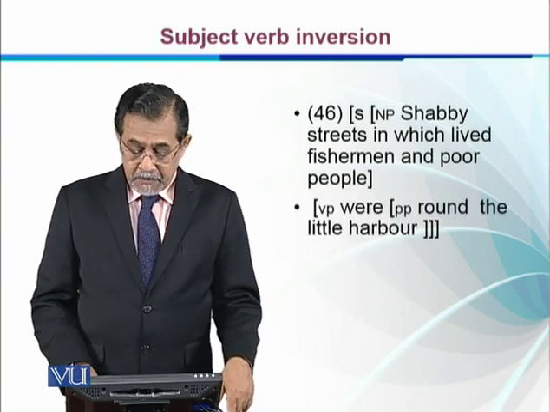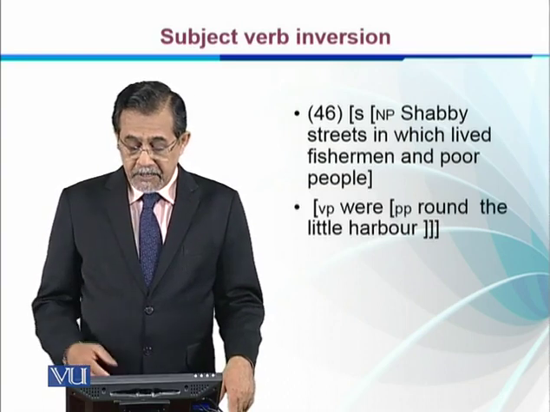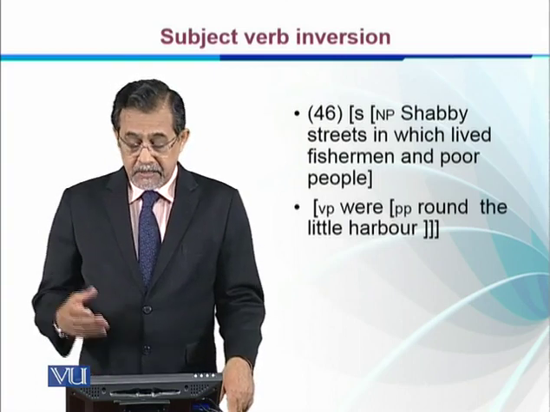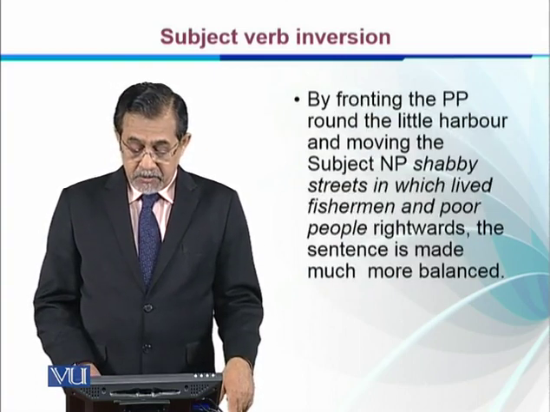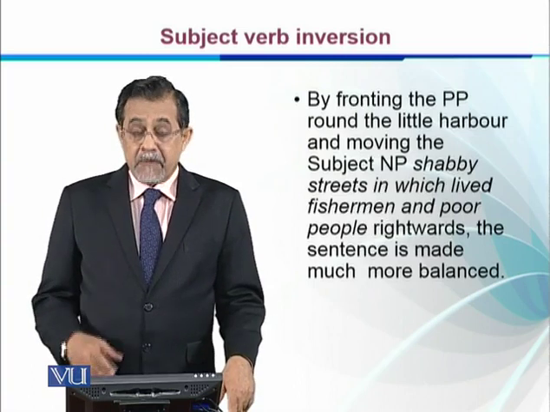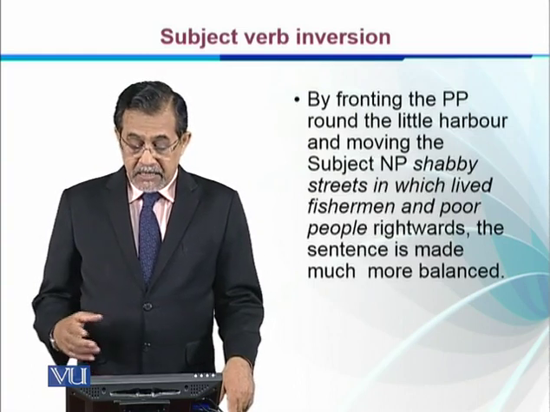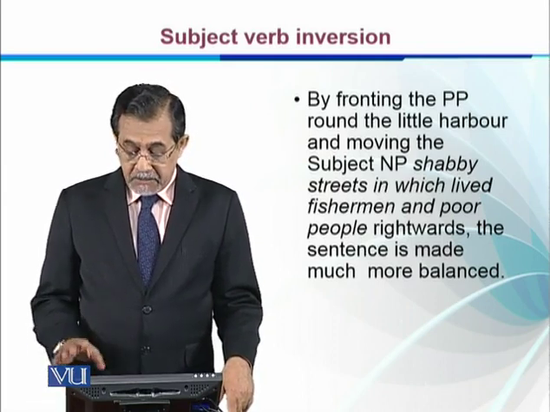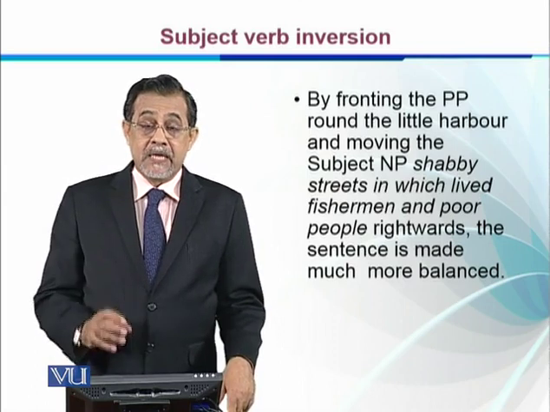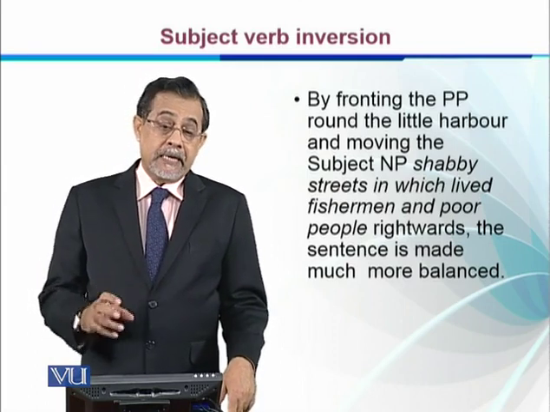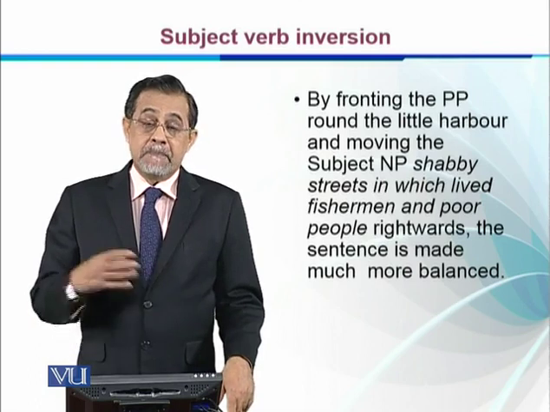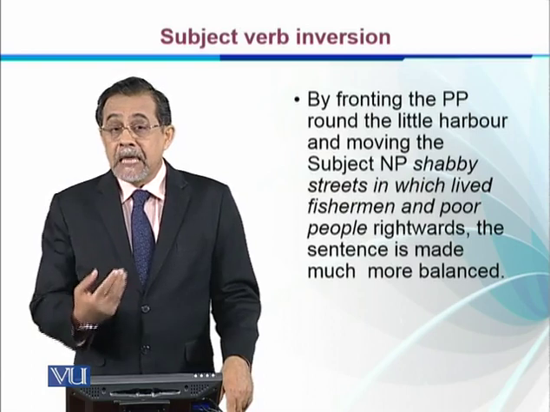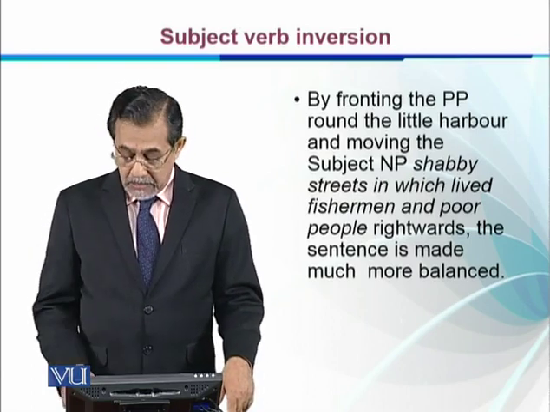So we have the verb phrase were round the little harbour, which is a prepositional phrase and adjunct complement too. By fronting the PP round the little harbour and moving the subject NP, shabby streets in which lived fishermen and poor people, afterward, the sentence is made much more balanced. Obviously, these aspects of writing are very important because they bring style. They are helpful in conveying the meaning of sentences as well.